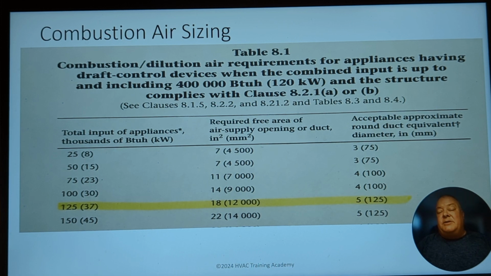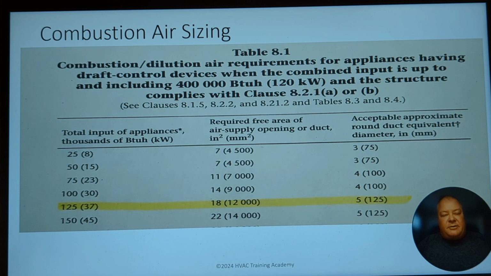Another thing to draw your attention to: if we have a number even a little below or even a lot below 125, let's even say that we had 102,000 BTUs combined in that space. As soon as we cross 100,000, we're going up to the 125 marker. So regardless, if it's at 101, we're going to 125. 110, we're going to 125.